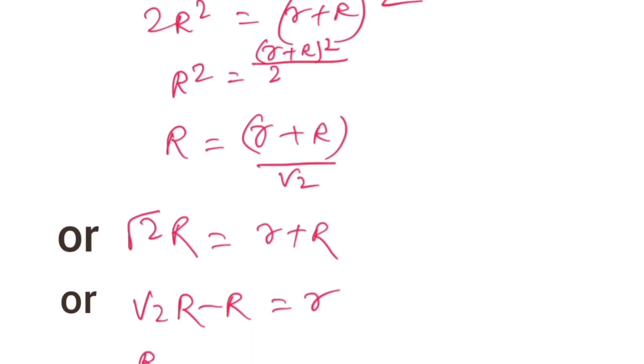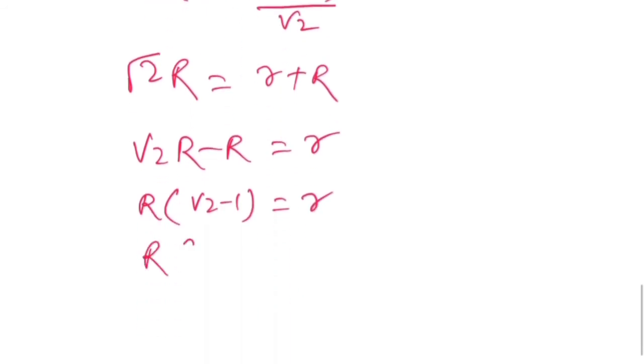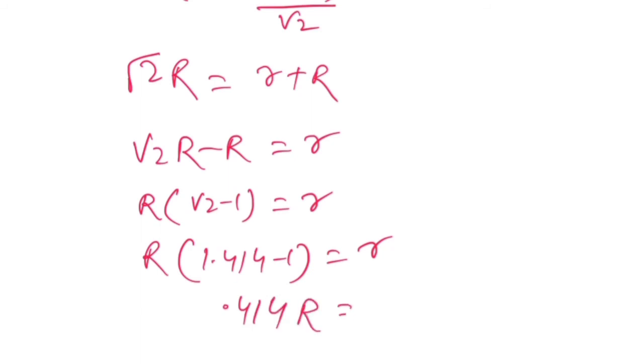In √2 R minus R, R is common. So (√2 minus 1) R is equal to r. This is 1.414 minus 1, which is 0.414. So 0.414 R is equal to r.